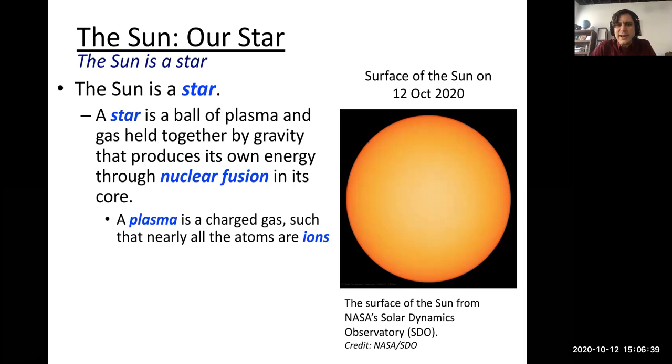Okay, a star is a ball of gas, is usually what you hear, but notice I put plasma. Most of the material in the sun is what we would call a plasma. You grew up probably hearing about the three states of matter of solid, liquid, and gas. There are more states of matter, and one of those other states of matter is what we call a plasma. A plasma is a charged gas.